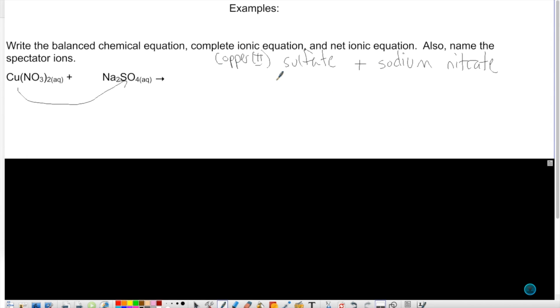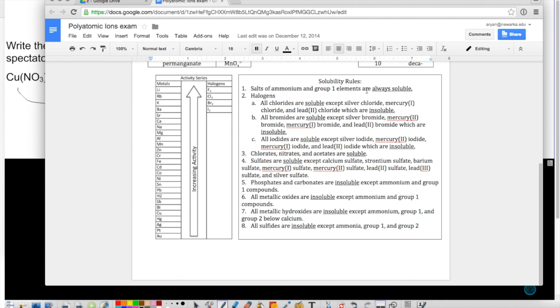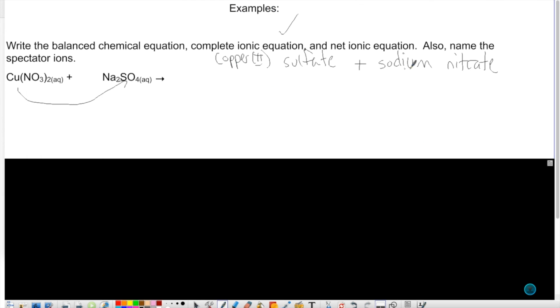So that is not one of those compounds, which means that this is soluble. Okay, so that's soluble. And sodium nitrate, right there, rule 1, group 1 elements are always soluble. Okay, which means that this forms an aqueous solution, and this forms an aqueous solution, which means no reaction.